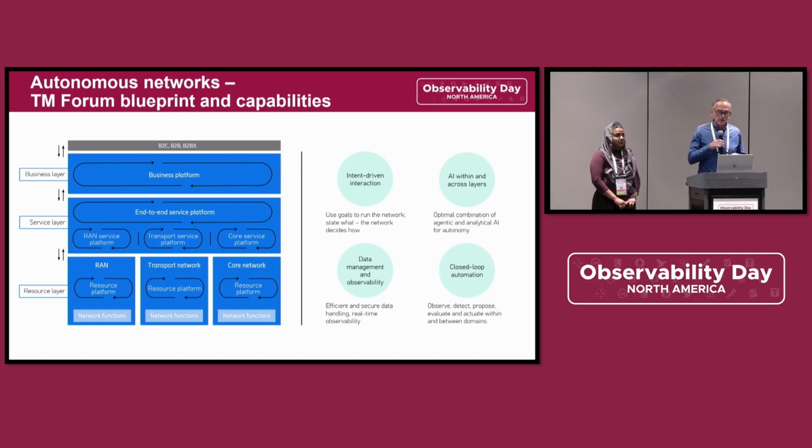So these are technology enablers, and cloud-native observability is one of the keys there for closed-loop automation, which in turn helps us as a vendor, but also the network providers, the owners of these networks, to achieve a higher level of autonomy in their management.